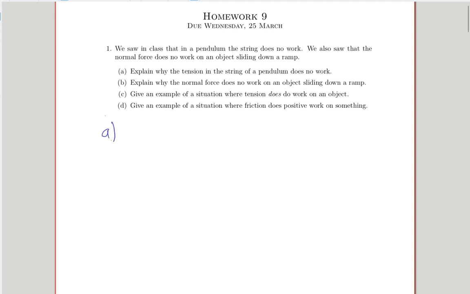Part A: explain why the tension in the string of a pendulum does no work. A pendulum might be something like this, where there's a little object on the end here, and it will swing back and forth.